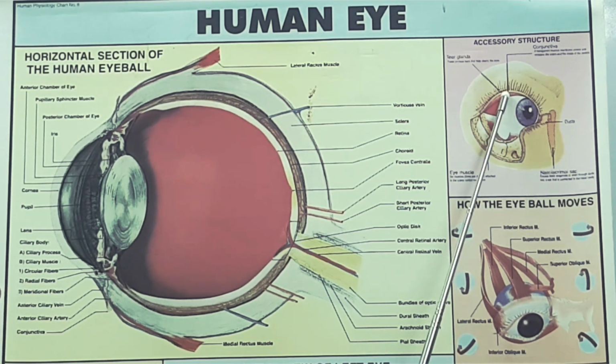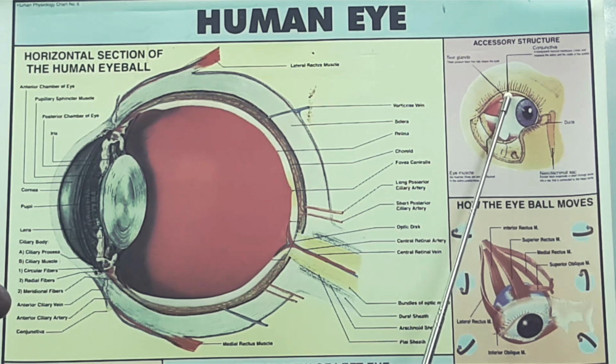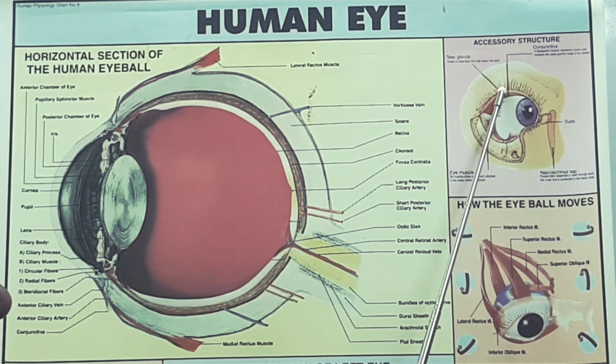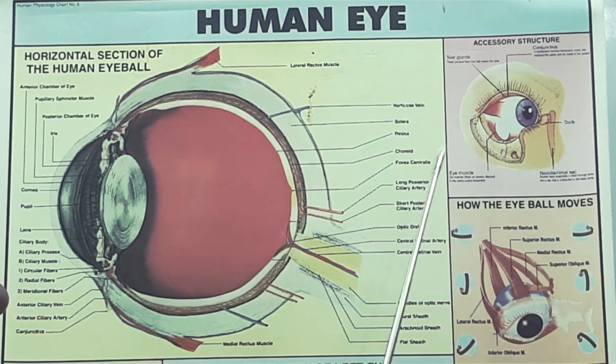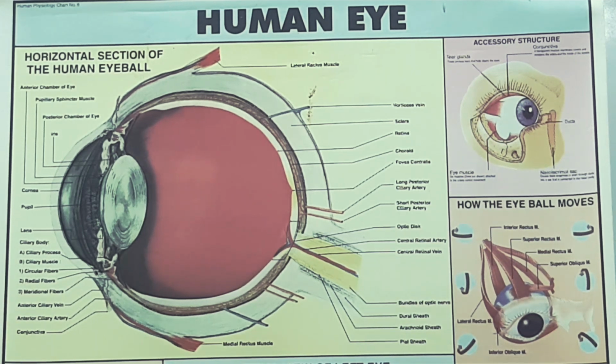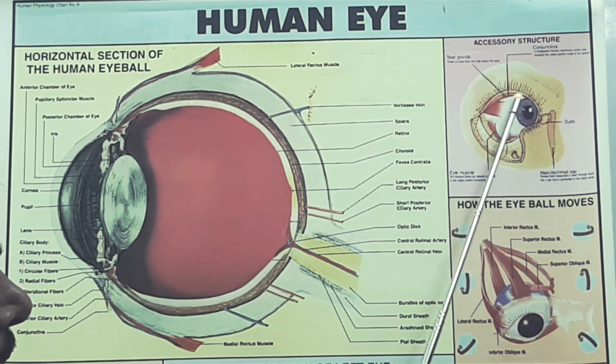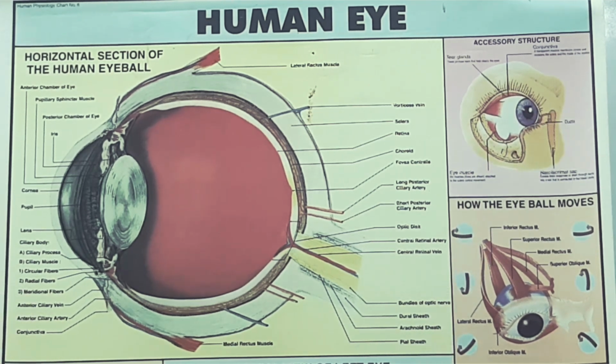So 6 to 8 pairs of tear ducts are present here, and they help in distribution or scattering of the tear on the front part of the eye, as well as storage of this tear in the lacrimal sac. So here it is the lacrimal sac.